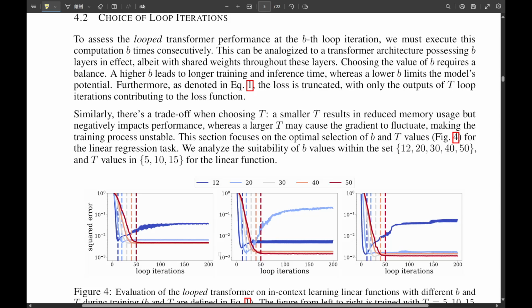It also got results very close to the traditional optimal OLS solver. And crucially, it learned to find that stable fixed point solution. Meaning it keeps getting the right answer even if you let it loop more times than it saw during training. Exactly. It suggests it's not just memorizing a fixed computation path, but learning something more like the actual iterative process of solving the problem. True algorithmic behavior.